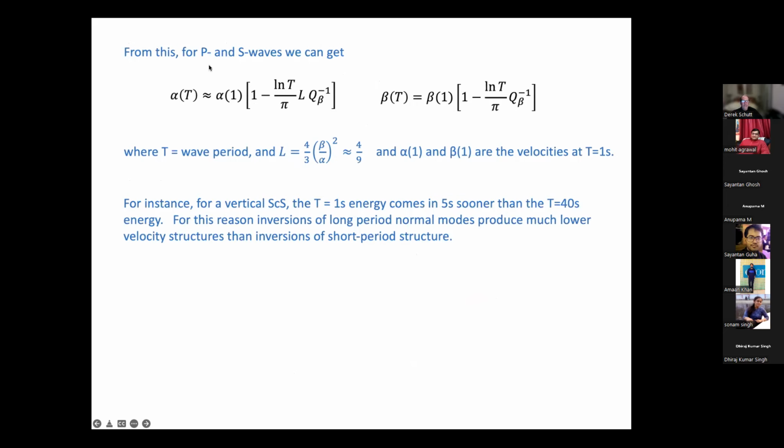So from this, for P and S waves, we can get alpha as a function of wave period, equal to alpha at a wave period of 1 times this formula here, and beta equals this formula here, where L here is 4/9, and alpha 1 and beta 1 are the velocities at a wave period of 1 second.